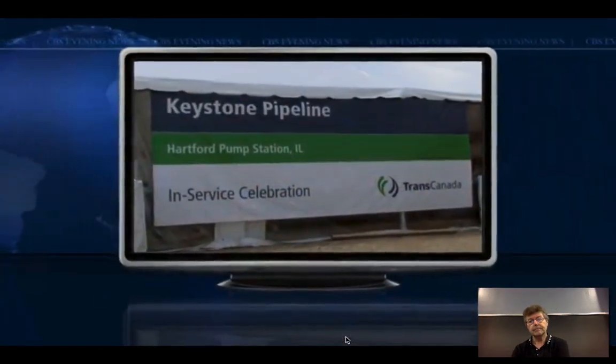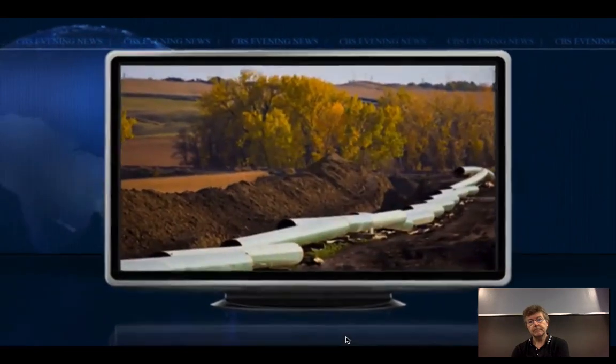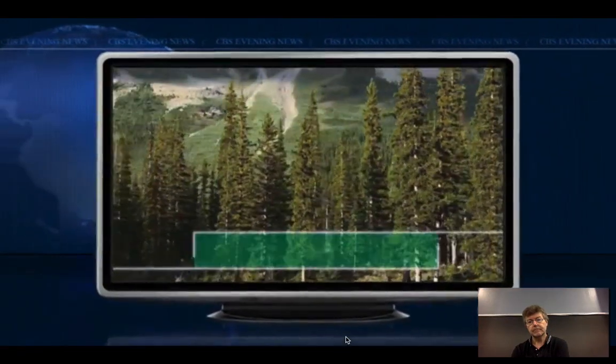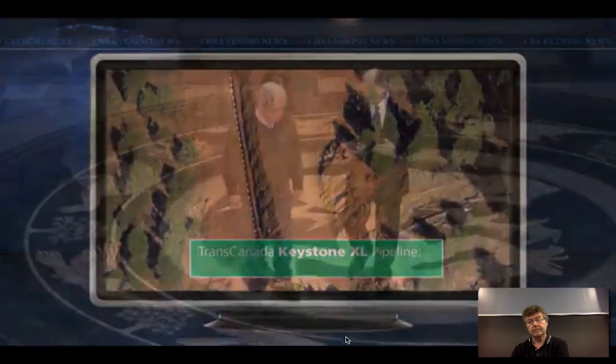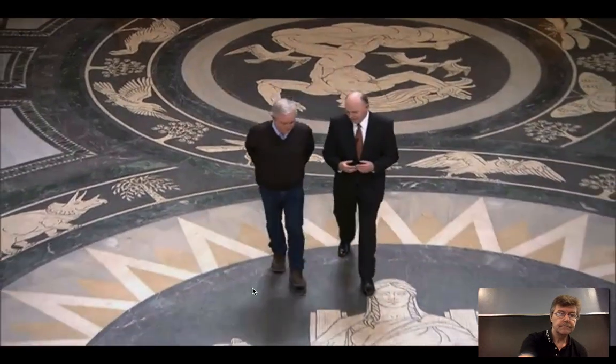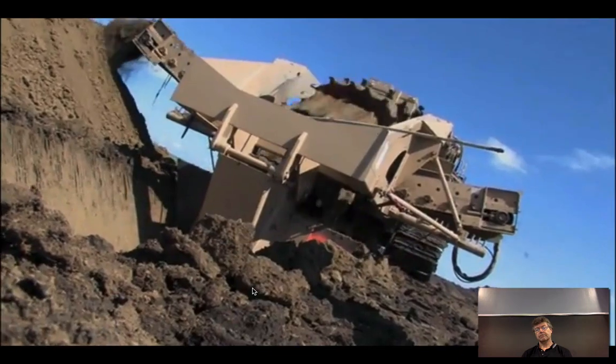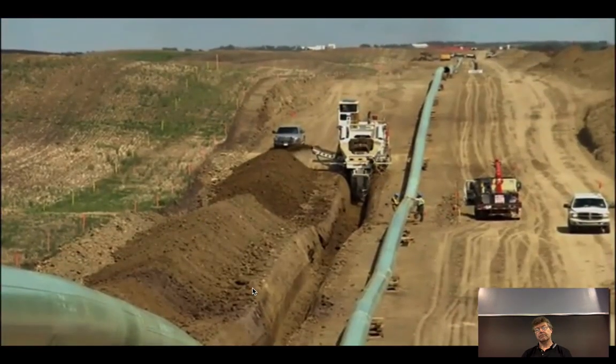TransCanada promises elaborate monitoring and protection systems. The pipeline will bring more than just oil. It also claims the project will create 9,000 jobs. Nebraska State Senator Jim Smith is a leading pipeline supporter. With the affordable, abundant supply of energy, that's going to have an impact on our economy. And Smith says the financial cost of spill cleanups will be an incentive for TransCanada to build the safest possible pipeline.